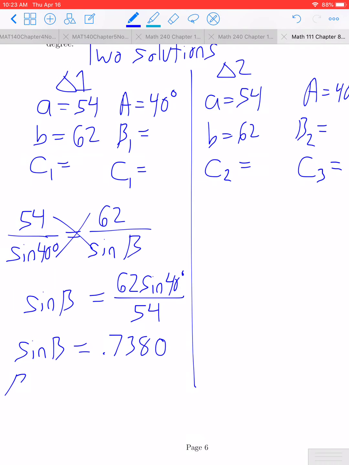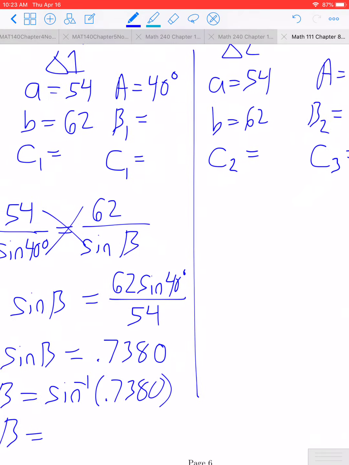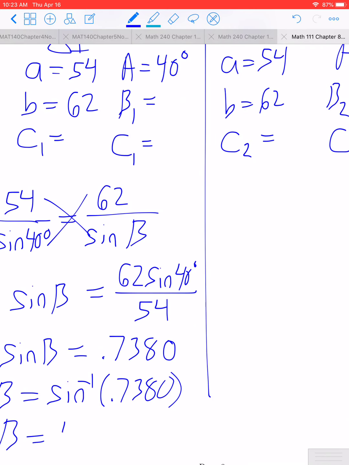And then to solve for angle B, you can do the sine inverse of both sides. So one value of angle B that would work is going to be about 48 degrees.